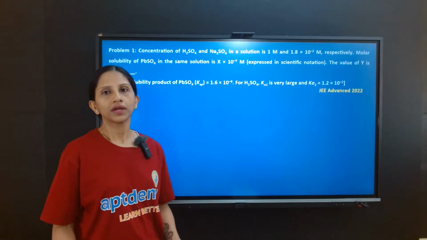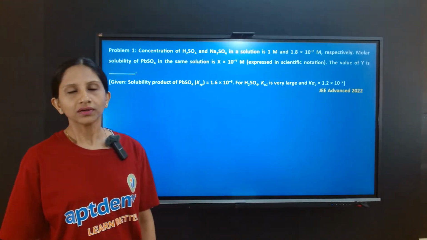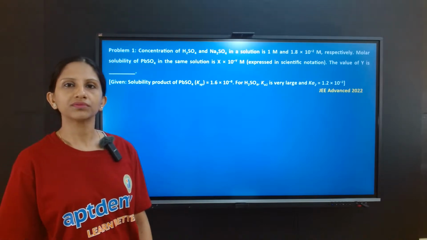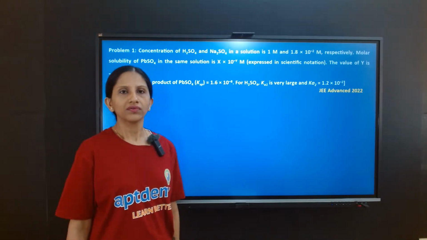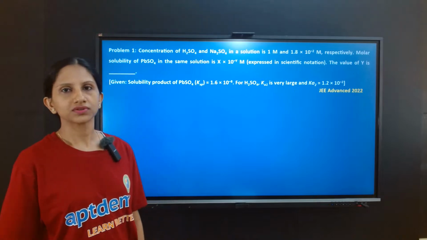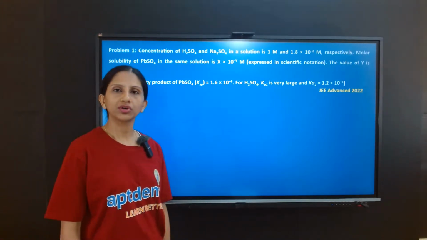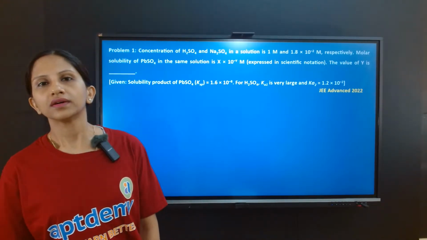It actually depends on the interaction between the solvent particles and the solute particles. If the interaction between the solvent and solute particles is strong enough, then the solubility of the substance in that particular solvent is high. But if the interaction is weak, then the solubility is poor or low.